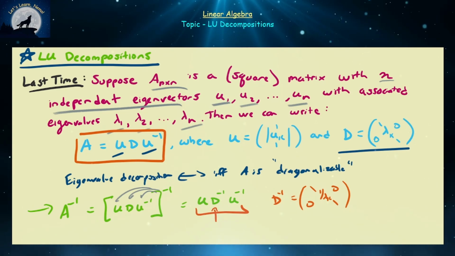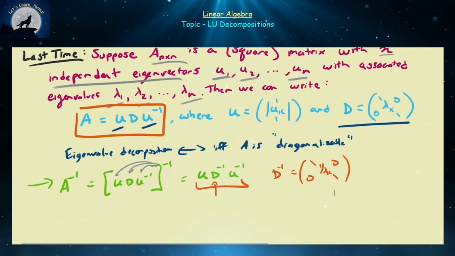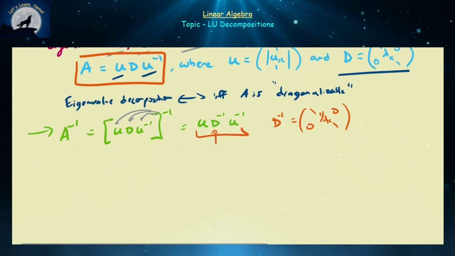So obviously it has these downsides, but does this eigenvalue decomposition have any other downsides that we didn't mention before? Well, in order to find the eigenvalue decomposition, you need to find one, the eigenvalues, and two, the associated eigenvectors. So how do you find eigenvalues? Well, first you have to find the characteristic polynomial of that particular matrix, which requires the determinant of an n by n matrix, and then you need to factor that nth degree polynomial to find its roots.